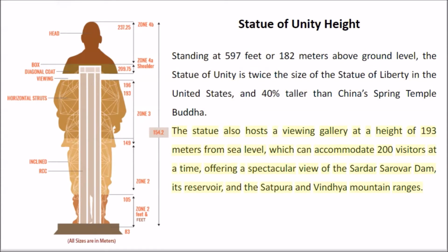The statue also hosts a viewing gallery at a height of 193 meters from sea level, which can accommodate 200 visitors at a time, offering a spectacular view of the Sardar Sarovar Dam, its reservoir, and the Satpura and Vindhya mountain ranges.